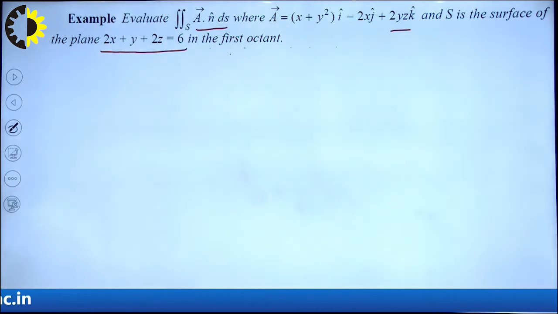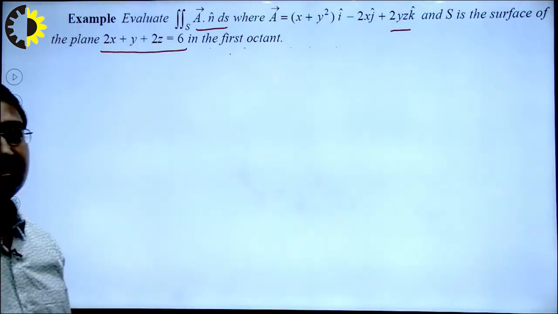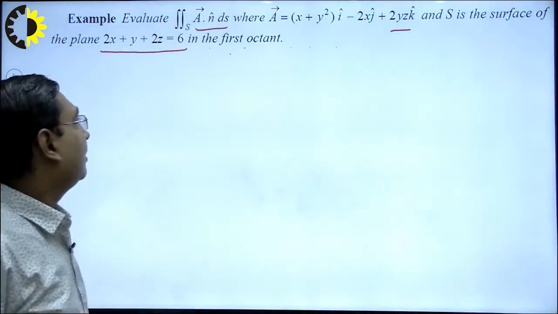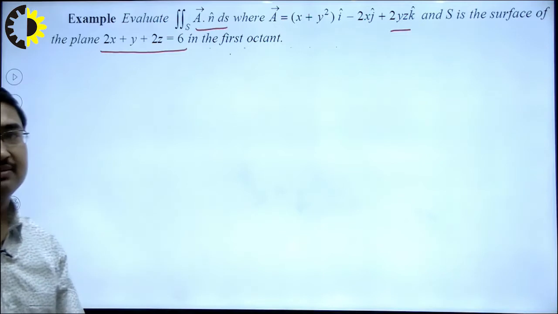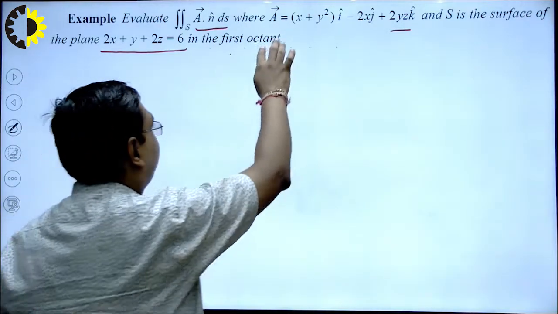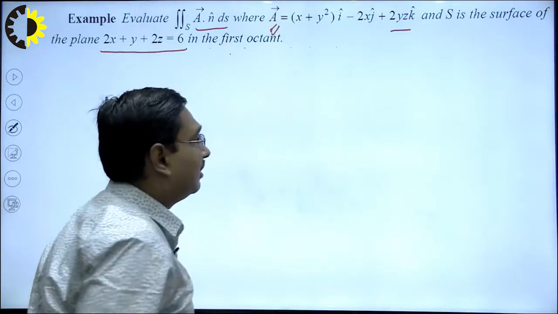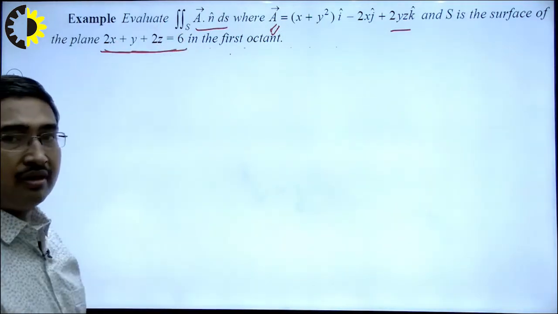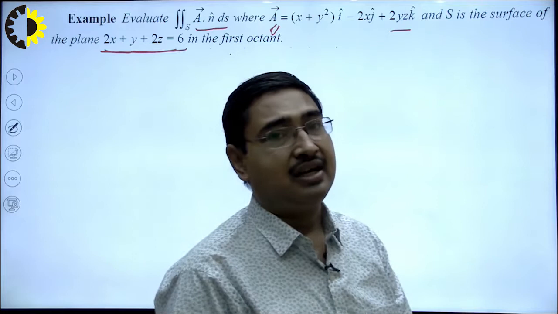As I already mentioned, whenever a surface integral is to be evaluated, the function and the surface both must be known to us. Here function A is given and the surface S is also mentioned, so we can try to evaluate the surface integral.